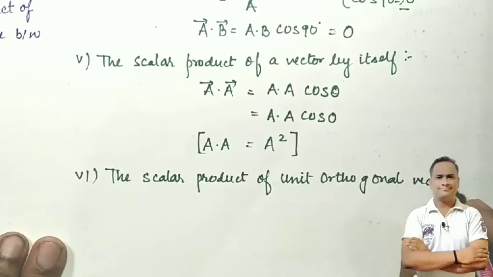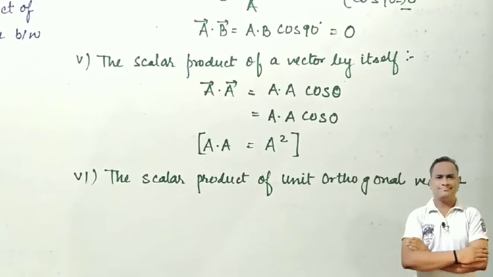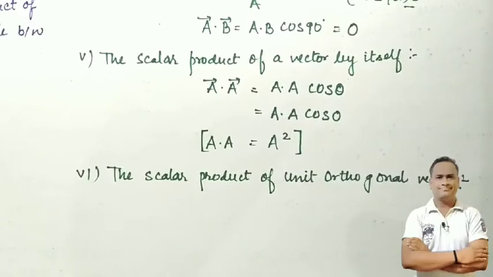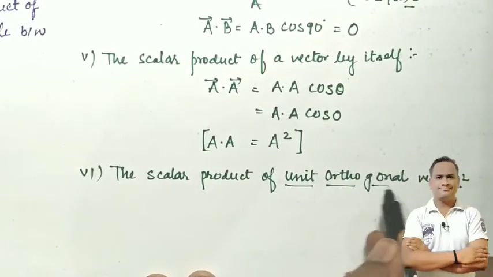Students, in the last lectures I gave you a glance at what we mean by orthogonal vectors. Orthogonal vectors are those vectors which make 90 degree with each other. Orthogonal means perpendicular vectors, and unit orthogonal vectors means that their magnitude should be unity.